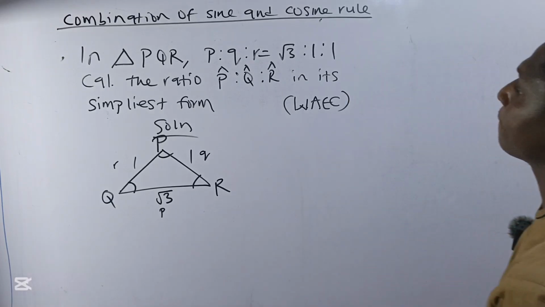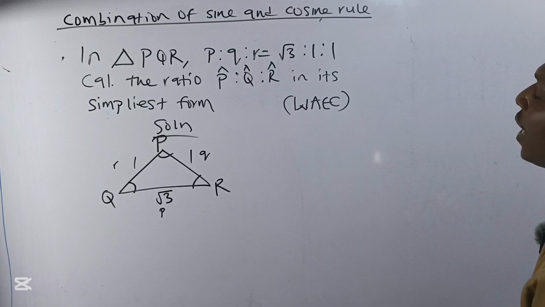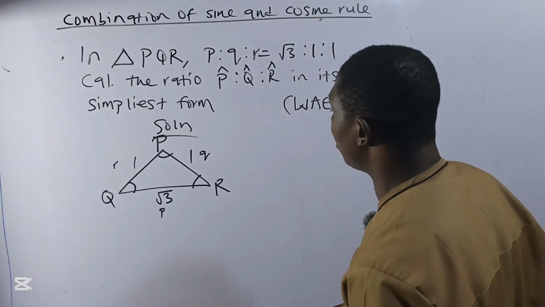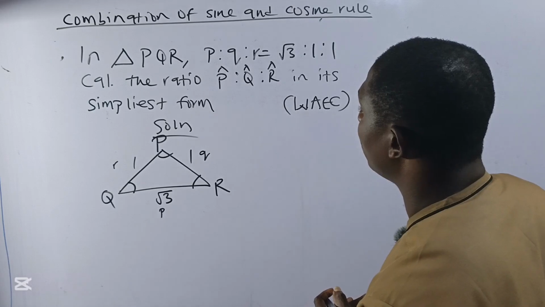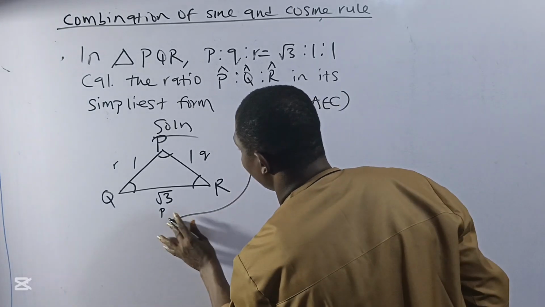Now I want to look for one of the smaller angles.